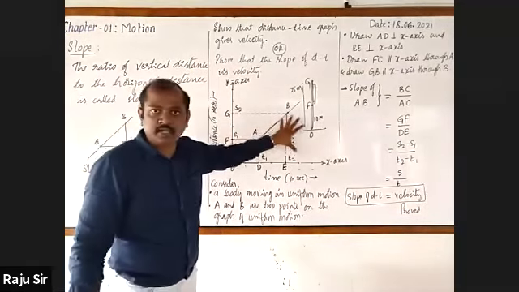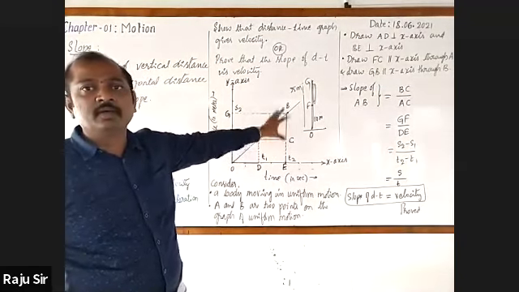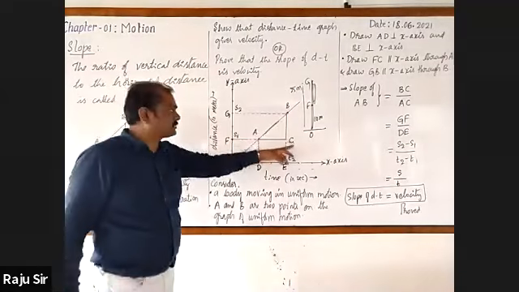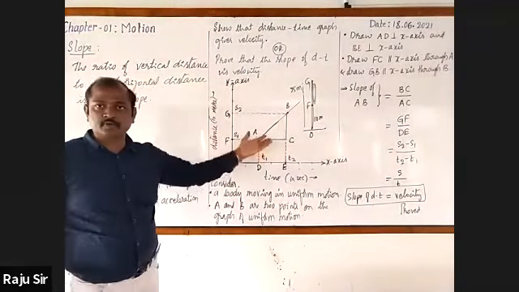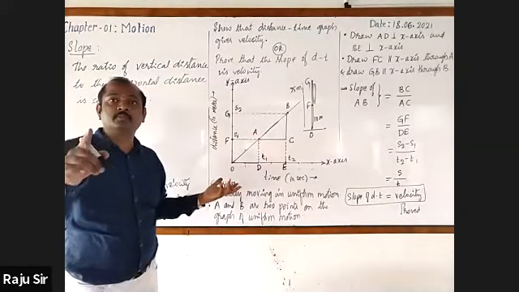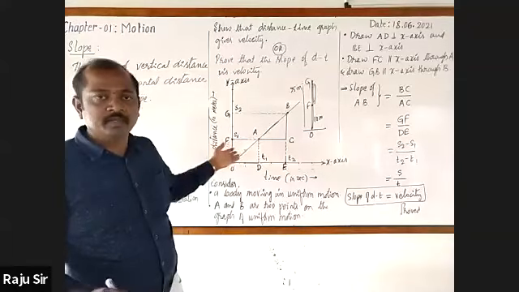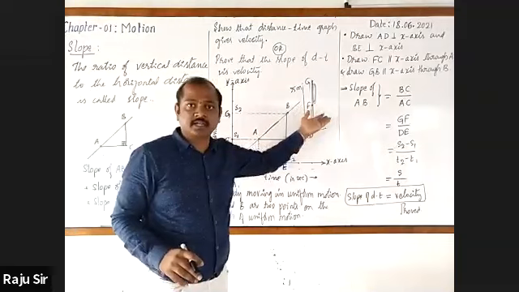First, you will draw the graph. I'm going to explain this again. While drawing the graph, you will consider a body moving with a uniform motion, means it covers equal distances in equal intervals of time. Hence, it will be a straight line.